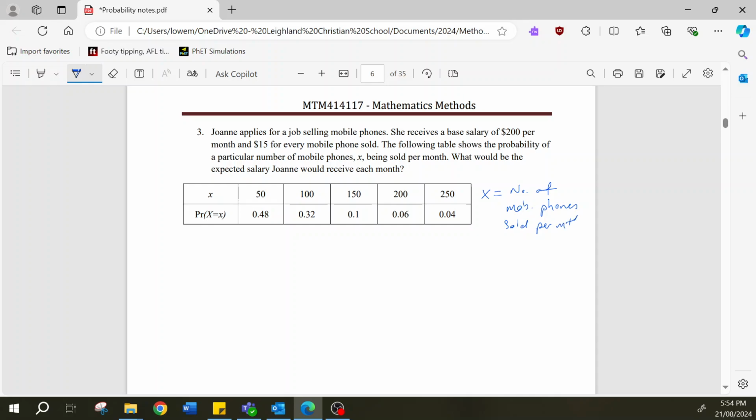Per month. And we've got two possible methods that we can look at doing this. The first is we'll look at finding the expected value. Now let's think about how her salary is calculated. It's 15 times X plus 200.